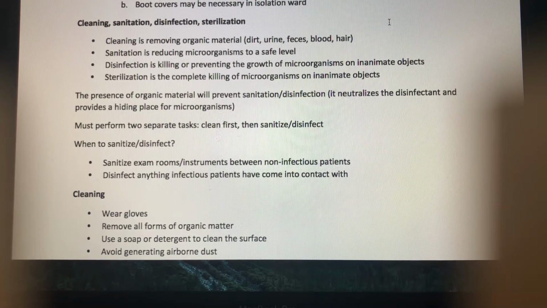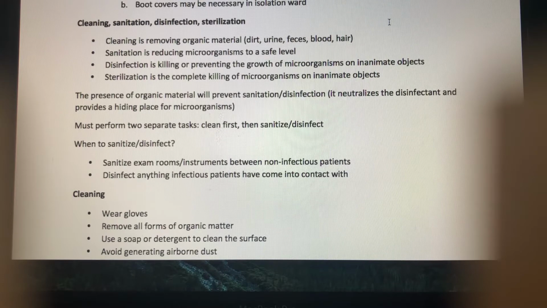Sanitation is reducing microorganisms to a safe level. So you'll hear about sanitizing, let's say, hair combs or something like that at a barbershop. So that's just reducing microorganisms to a safe level.